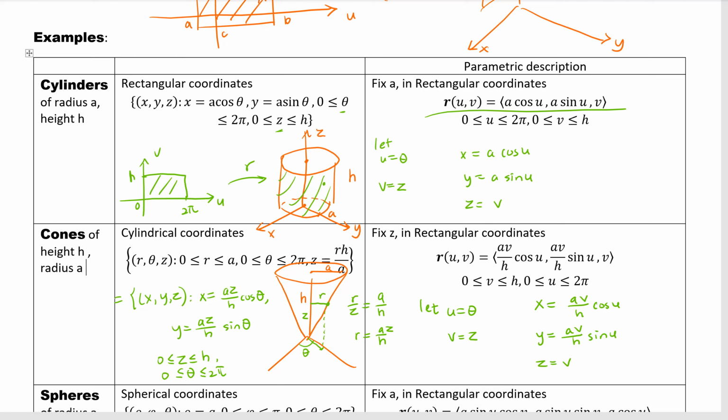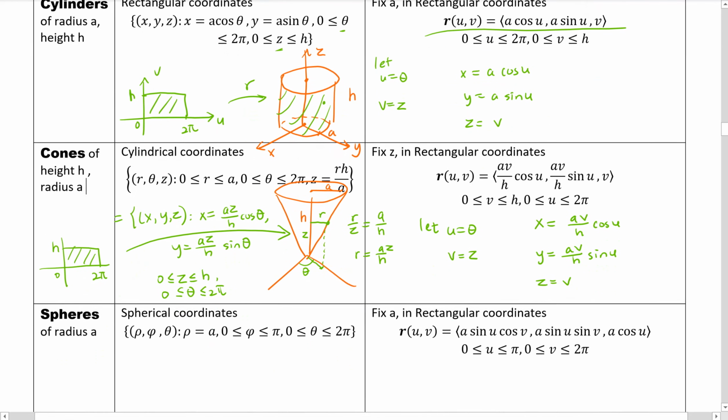And here as well, we have 0 to 2 pi and h, and we have this rectangle mapped onto this cone. So far, so good, everybody? All right, let's continue.